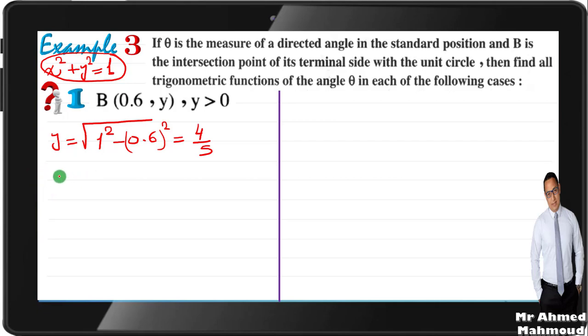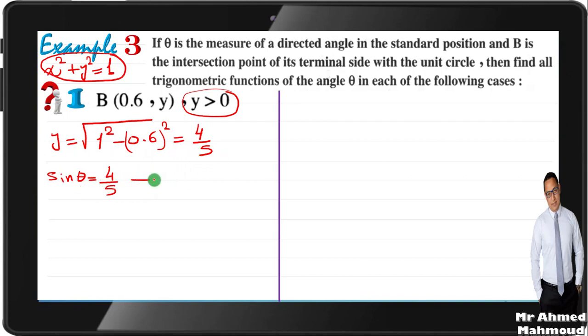So cosine theta, sine theta first, which is y, equals 4 over 5. Don't forget here, y equals negative or positive 4 over 5. But y is greater than 0, so I'm going to take the positive value and refuse the negative value. So y equals 4 over 5.